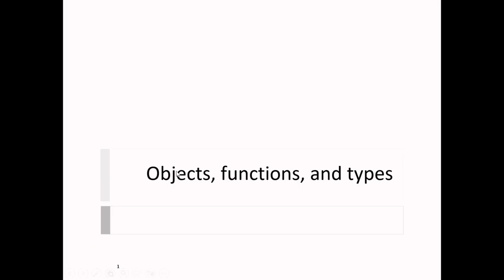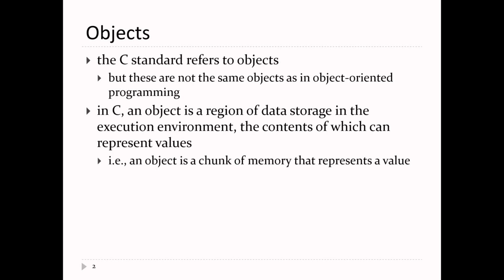All right, so this is basically the basic types in C. Now, if you read the document that describes the standard for the language, it says that there are these things called objects. You have to be careful about this. C is not an object-oriented programming language, so these are not the same things as Java objects.